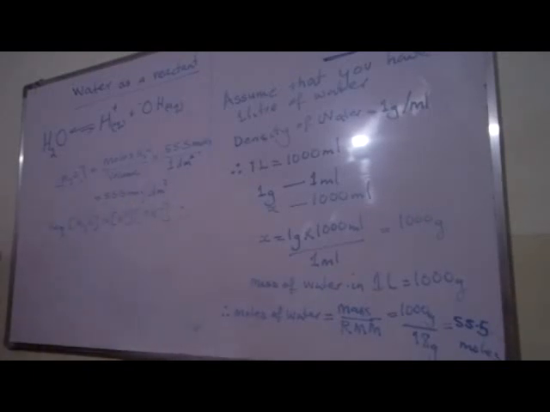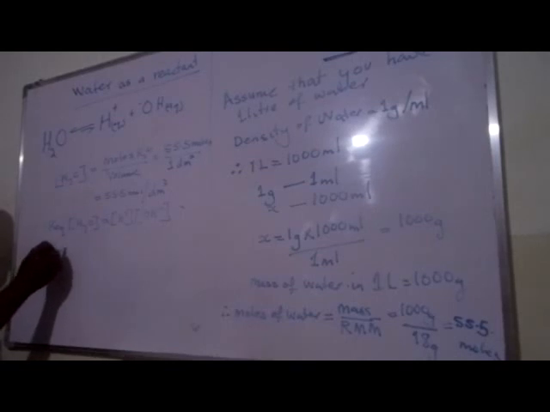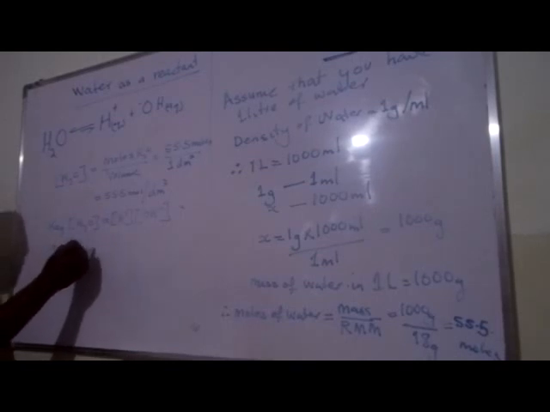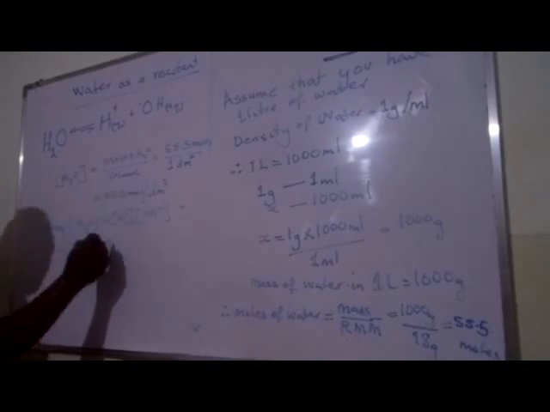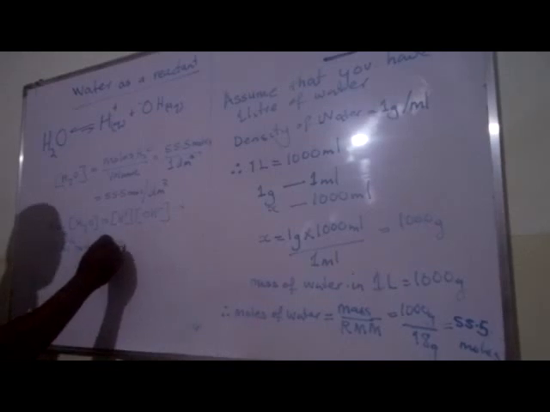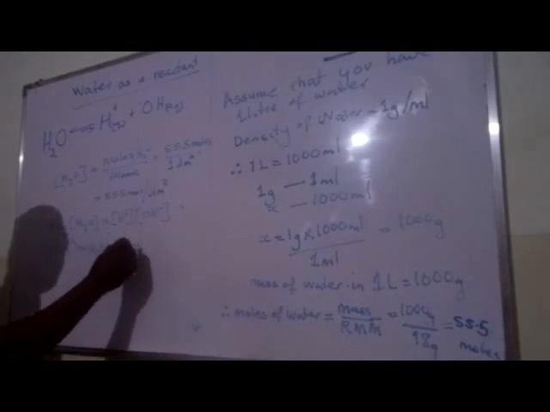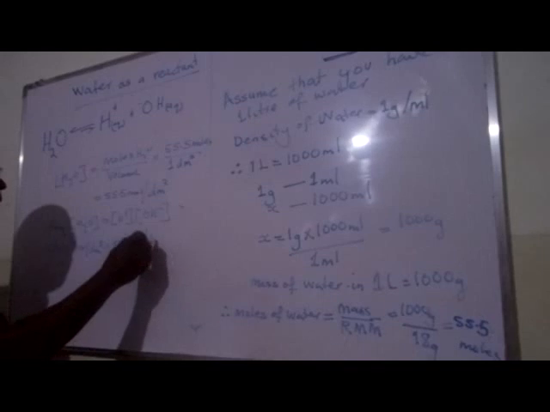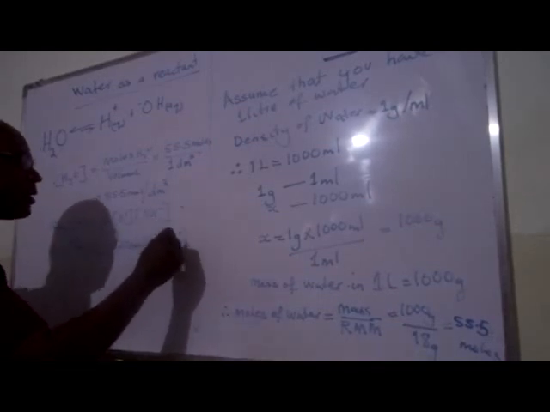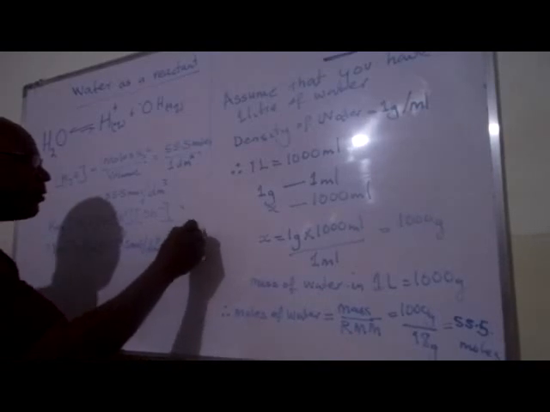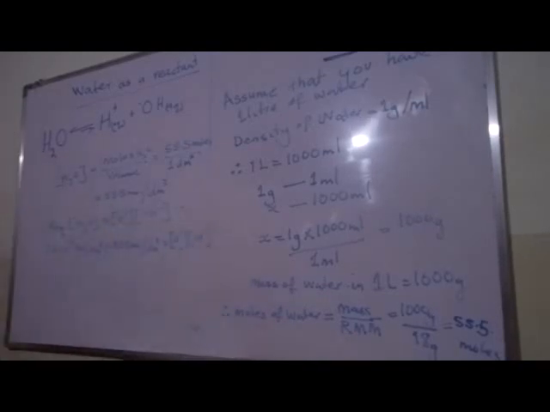Right, so we said that this is experimentally found, and it has been found to be 1.8 times 10 to the power minus 16 moles per cubic decimeter, multiplied by the concentration of water, which we've just found to be 55.5 moles per cubic decimeter. This is equal to the concentration of hydrogen ions in water multiplied by the concentration of hydroxide ions in water.